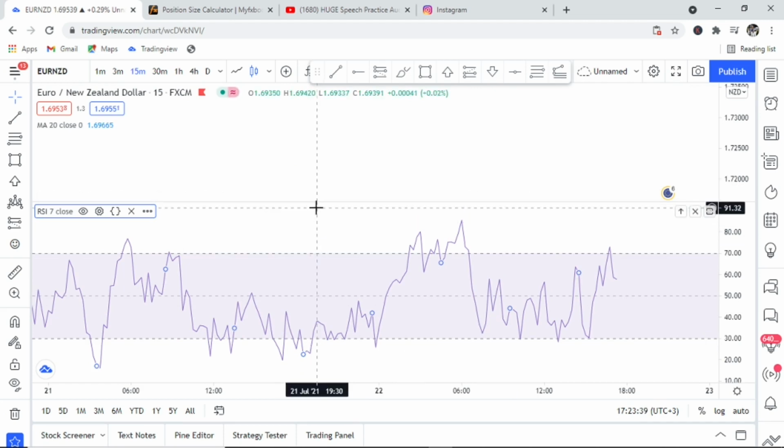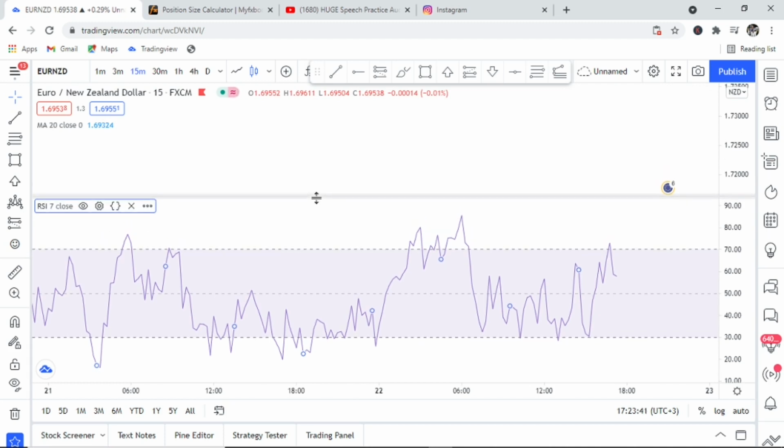So now here we have the RSI. What the RSI does is that it shows us when price is overbought or oversold. The RSI line is this squiggly line that is moving up and down. When the RSI crosses above this horizontal line right here, which is the 70 level, it means that price is overbought.